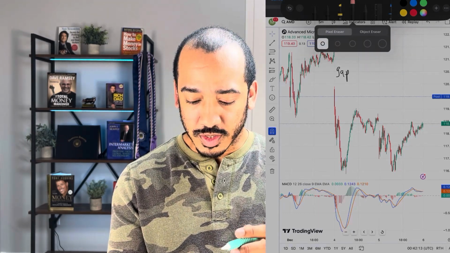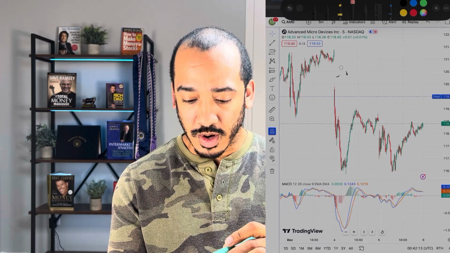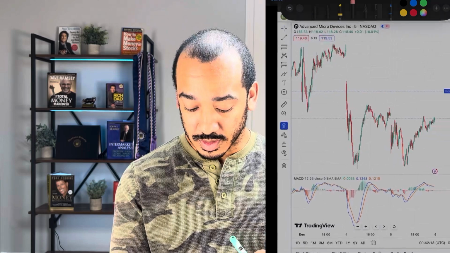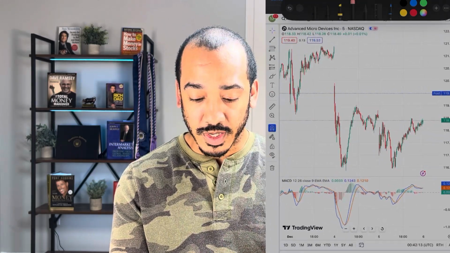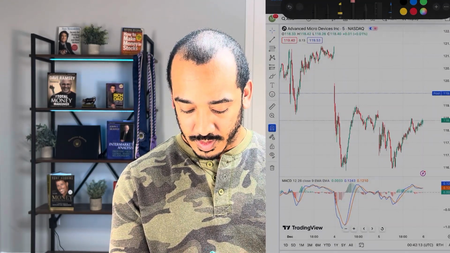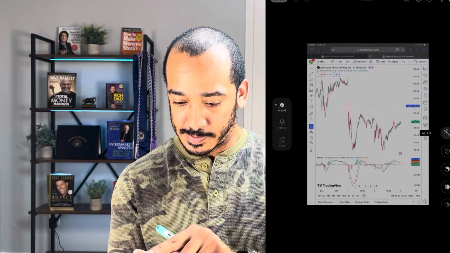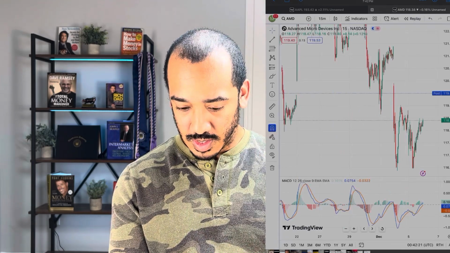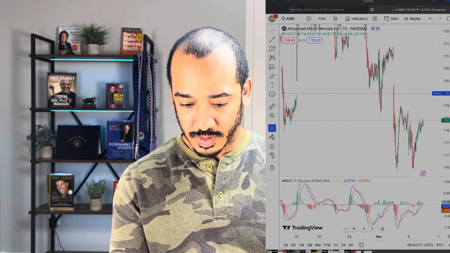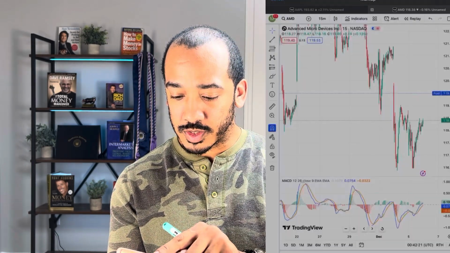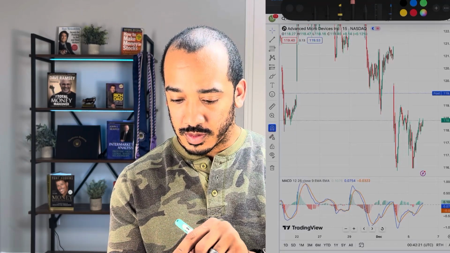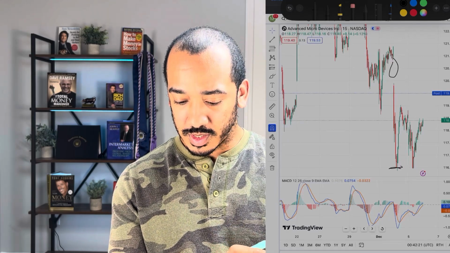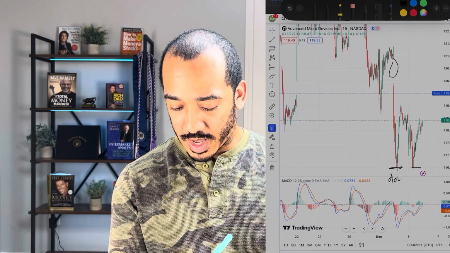So I'm gonna give y'all some possibilities for the trade, right? Well, first that was the 5-minute chart. Now we're gonna go to the 15-minute chart. So the 15-minute chart, we still got this gap and we got a double bottom.